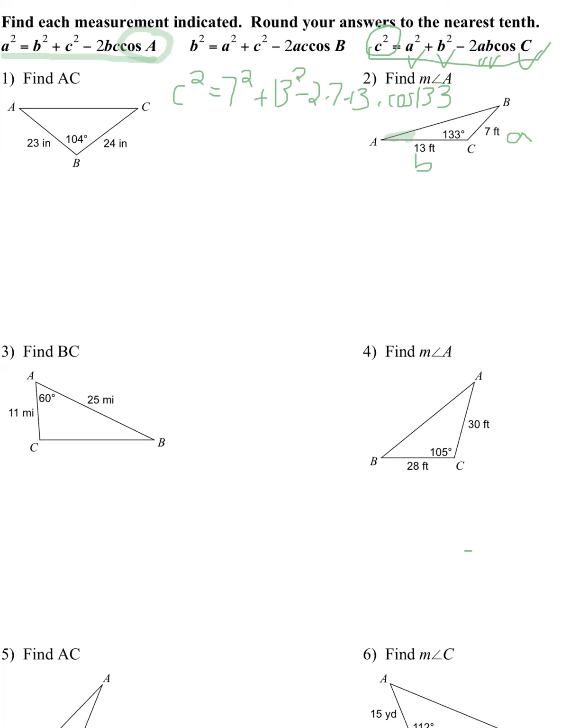So I'm going to have 7 squared plus 13 squared minus 2 times 7 times 13 times the cosine of C, which is 133. Okay, and that gives me 342.1. So c squared is 342.1. And then I'm going to take the square root of both sides. And that gives me 18.5.